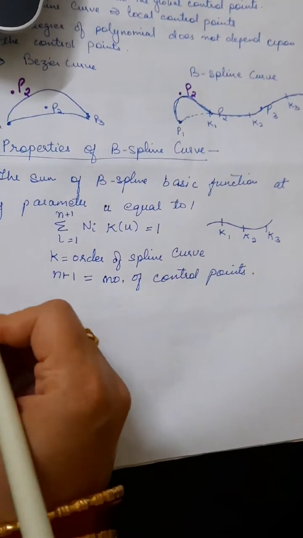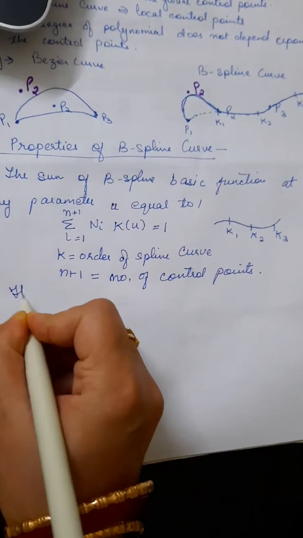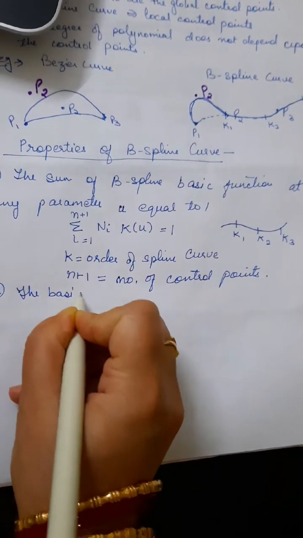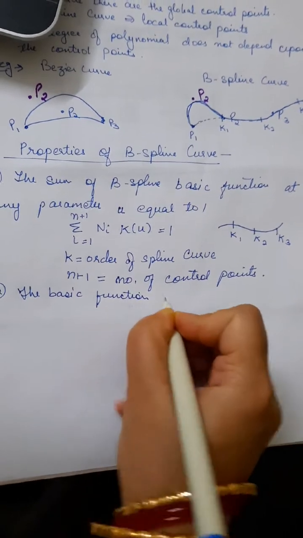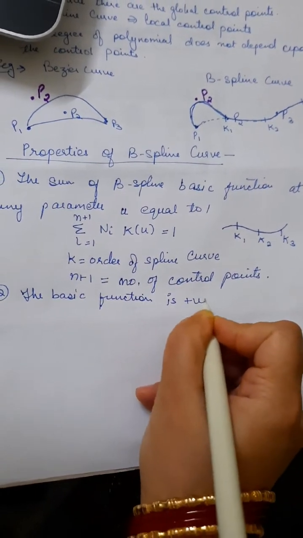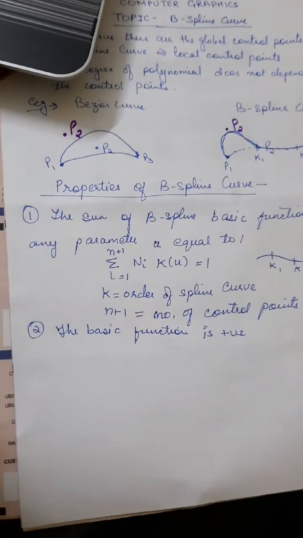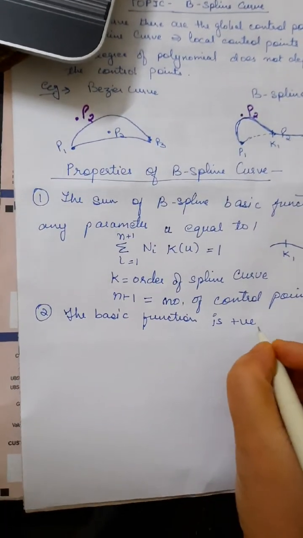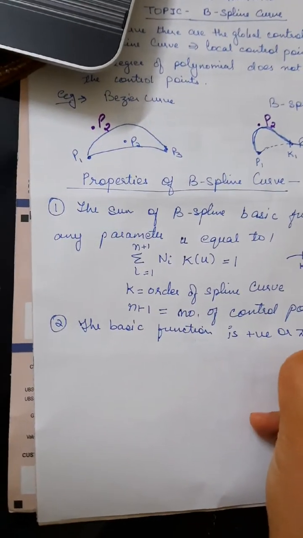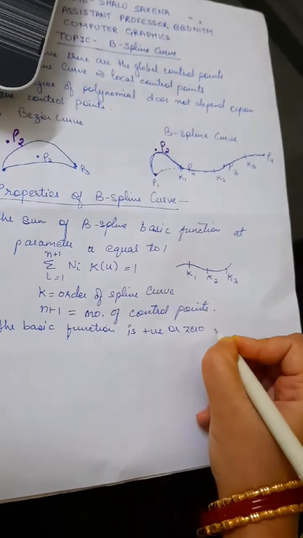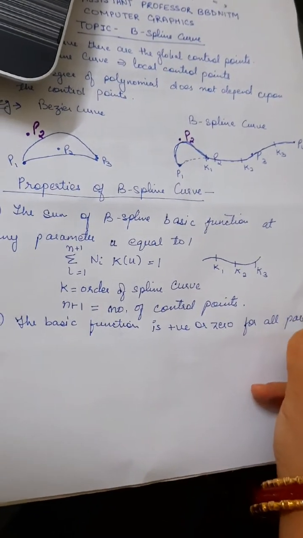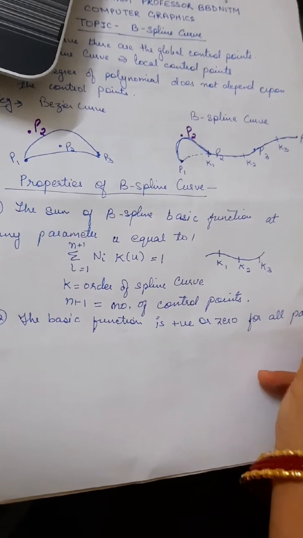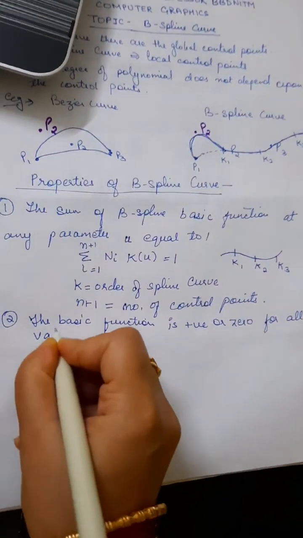And now the second property states that the basis function is positive or 0 for all parameter values.